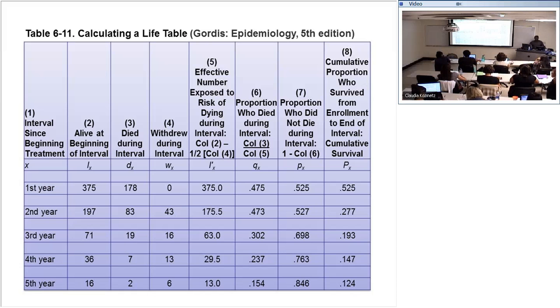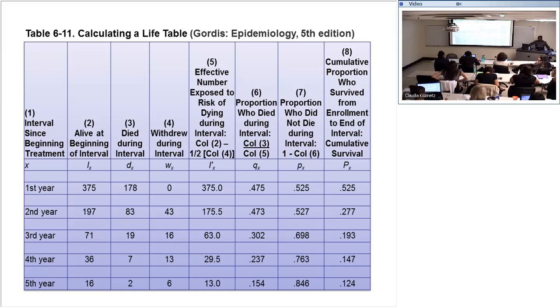Any other question? Yeah. With life tables, there's still the problem of knowing when exactly people were diagnosed, right? There's still error associated with how far along they are when you started treatment and whatnot. That's still a source of error.